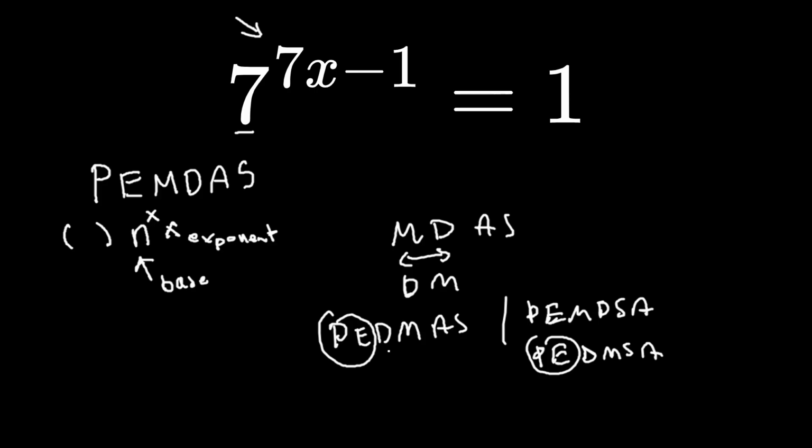If division comes first, we solve division, and then multiplication. And if after solving multiplication and division we see subtraction, then addition, you solve subtraction first, then addition. I hope you are understanding these things.